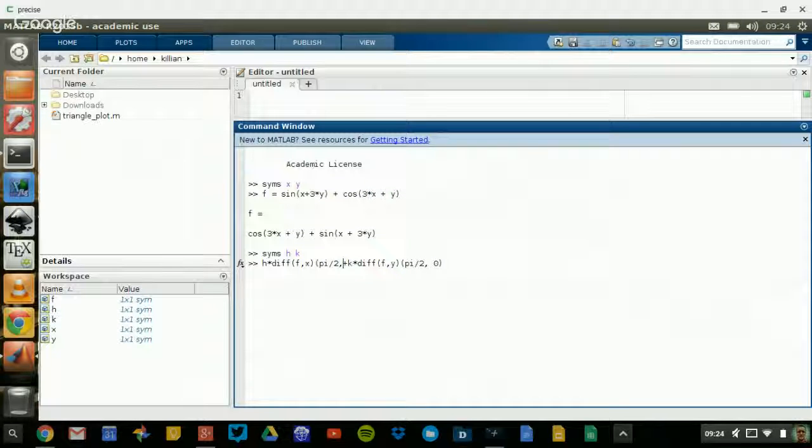Pi over 2, 0. I hope it, or do you have to call it capital pi? It's complaining about my brackets there.